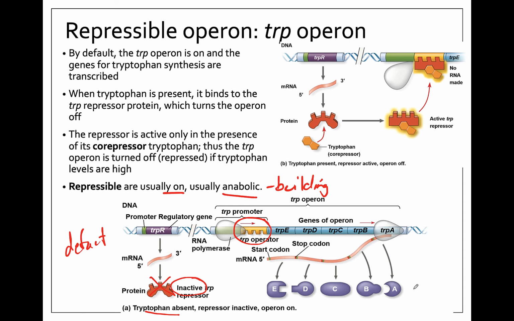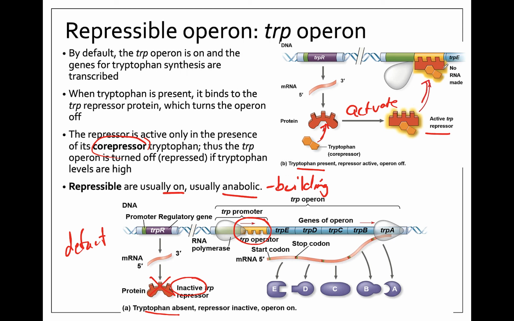We're going to make our proteins. This is eventually going to result in making tryptophan. If tryptophan is present, it is a co-repressor. So what it does is it binds here to the repressor, and that is going to activate the repressor. So tryptophan plus repressor, and you can see the shape change here from kind of bent to straight in a row.